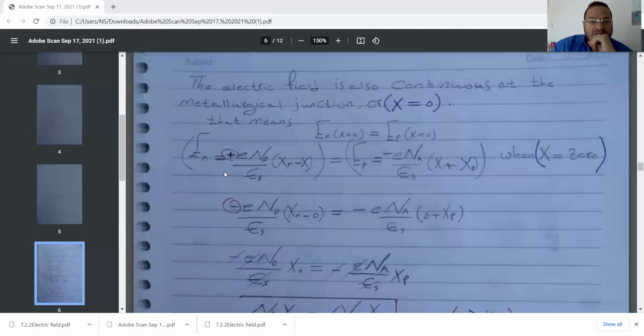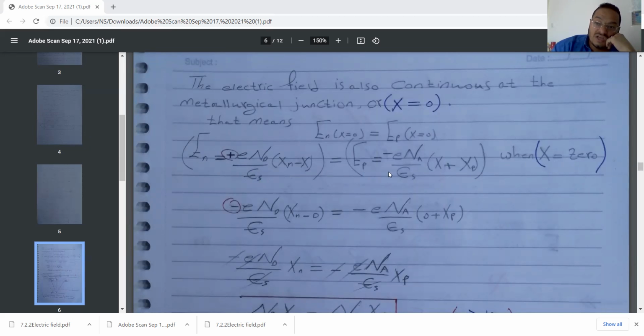Let's keep going. Here, plus E N_D divided by permittivity, width in N region minus X, and we will write the result of the electric field on the P side equal to minus E N_A, the acceptor concentration, divided by permittivity, between two brackets X plus the width in P region.